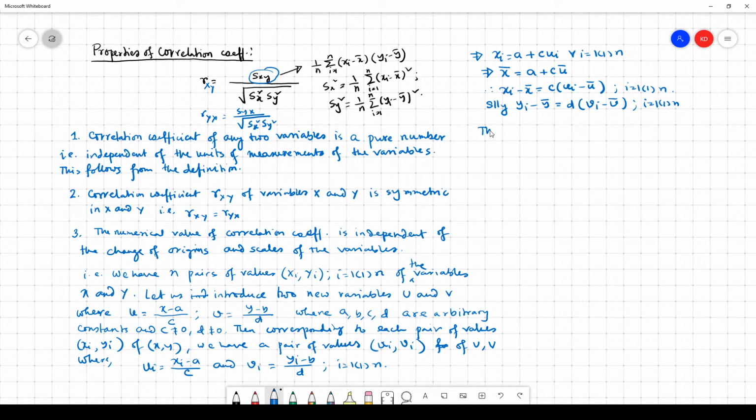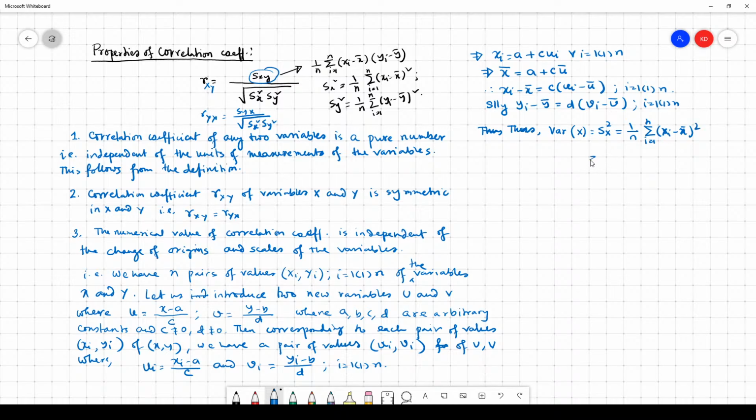Thus, the variance of x, which we denote by capital Sx square, is equal to 1 by n sum over i from 1 to n of (xi minus x bar) whole square.